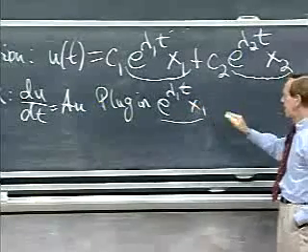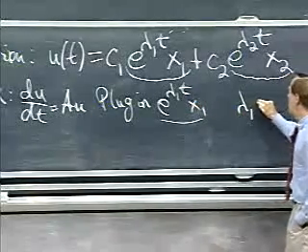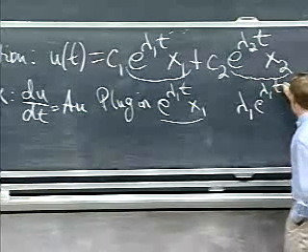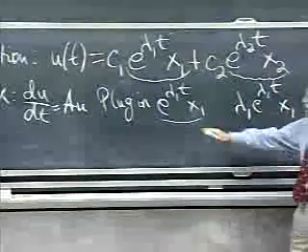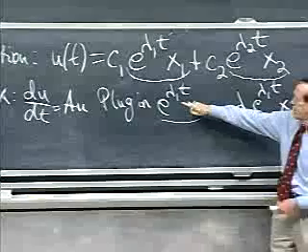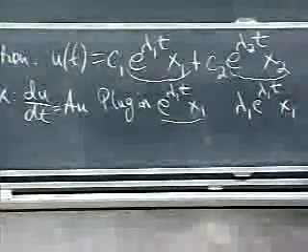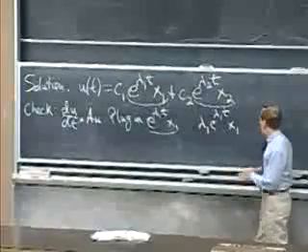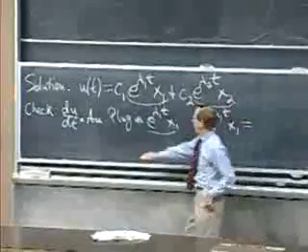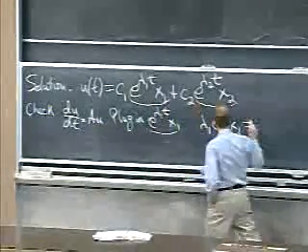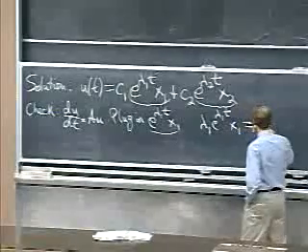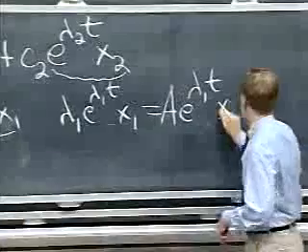So the left-hand side will be lambda 1 e to the lambda 1 t x1, right? The time derivative, this is the term that depends on time. It's just an ordinary exponential. Its derivative brings down a lambda 1. On the other side of the equation, it's A times e to the lambda 1 t x1.